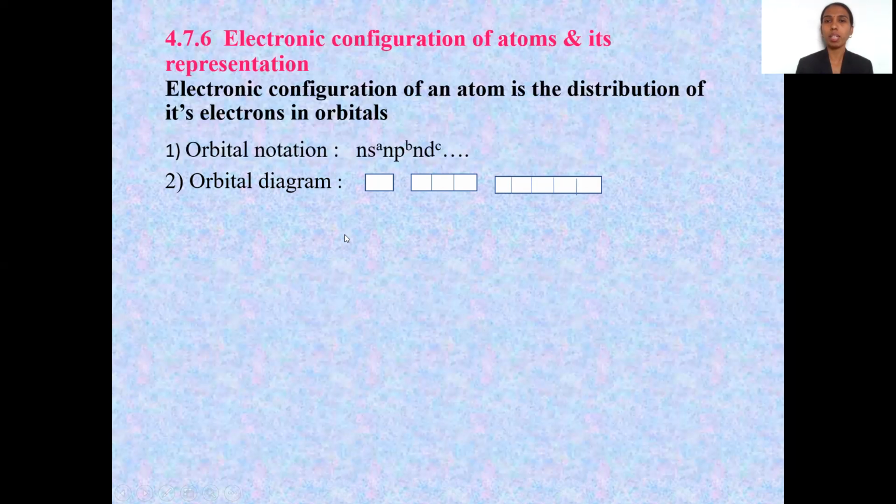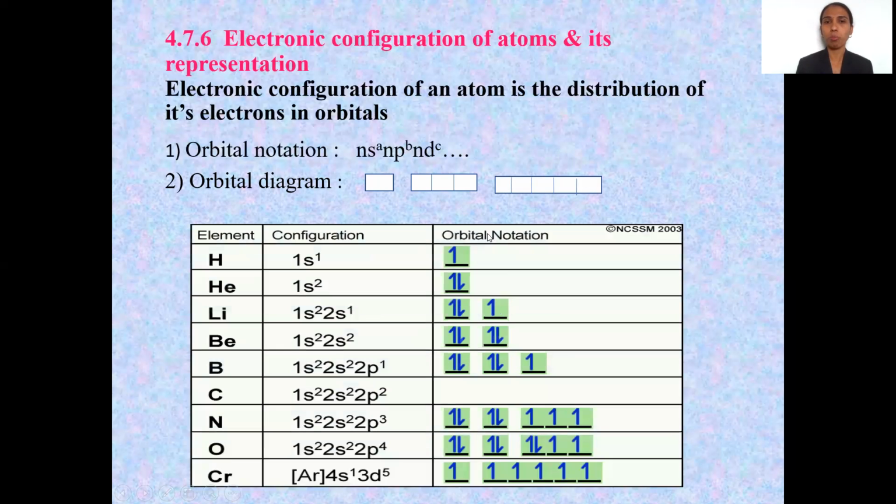Now the orbital diagram will be shown with boxes. The s subshell contains only one orbital, the p subshell contains 3 orbitals, the d subshell contains 5 orbitals, and the f subshell contains 7 orbitals. So like this we show the boxes for the orbital diagram.